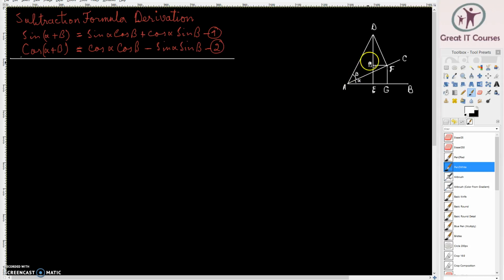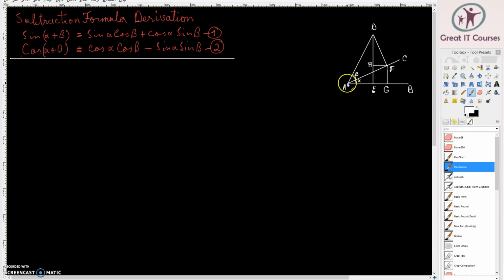So now, in order to derive it based on this figure, there are a few steps that we have to go through to get to these two formulas.